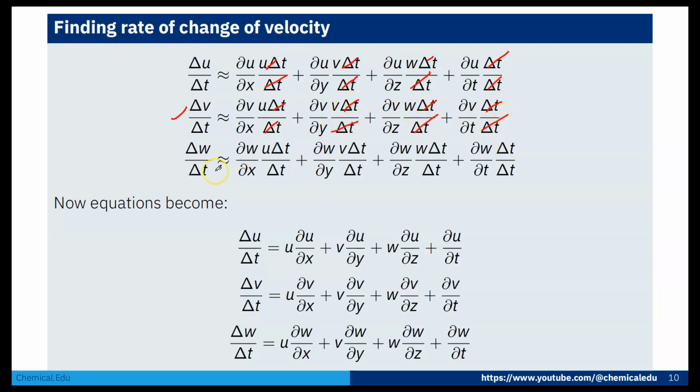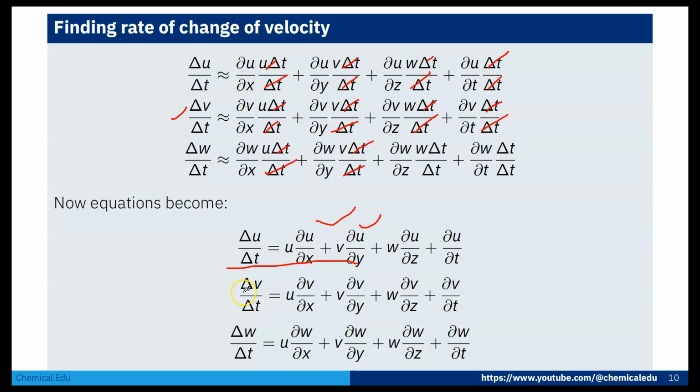So finally we'll get ∂u/∂t is nothing but u into the partial derivative of u with respect to x, plus v into the partial derivative of u with respect to y, plus w into the partial derivative of u with respect to z, plus the partial derivative of u with respect to t. So we'll get ∂u/∂t as this.